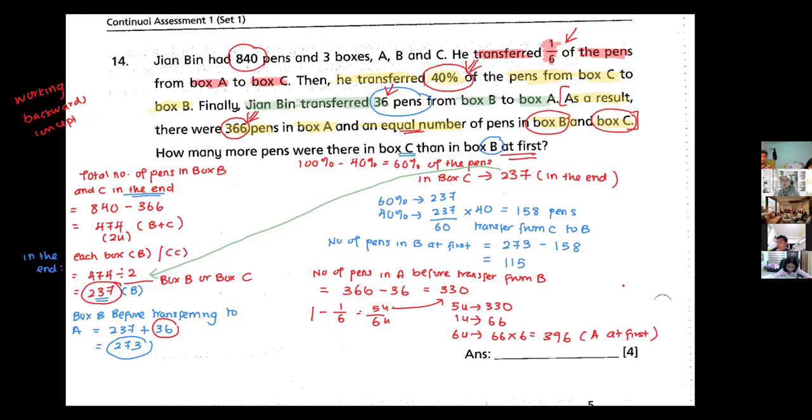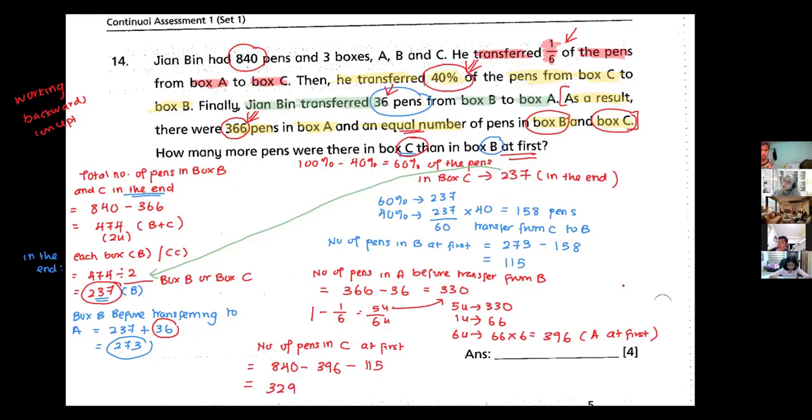But do I want A? I don't want A. I want C. I have my B ready just now, but I still want my C. The number of pens in C at first equals, you take your 840 total number of pens minus your 396 that is in A, minus away your 115 that is in your B. That will give me 329.